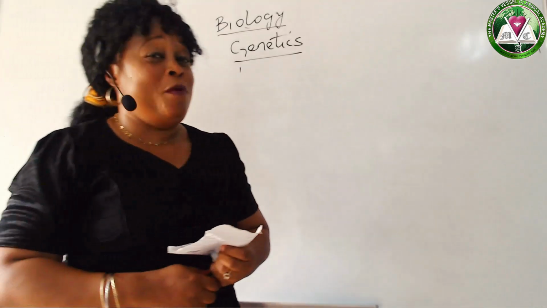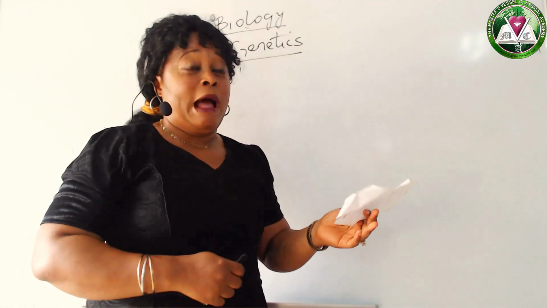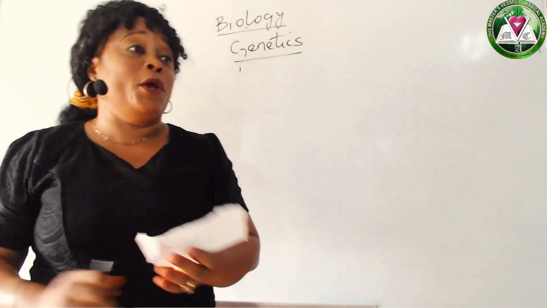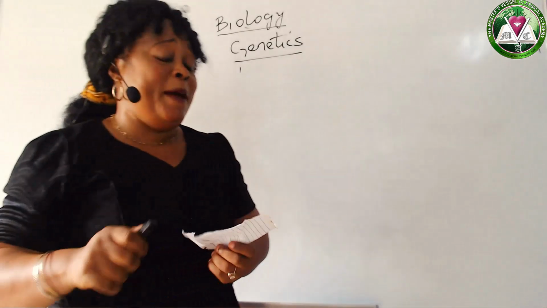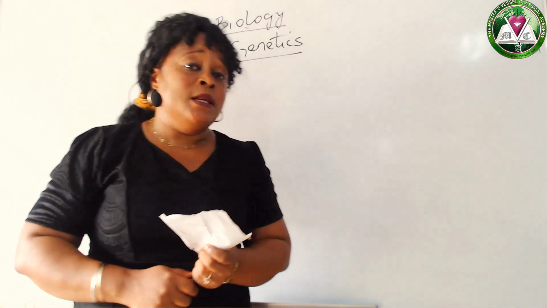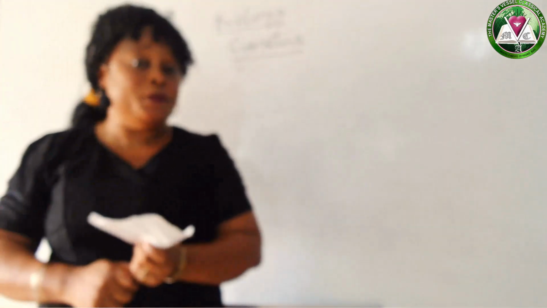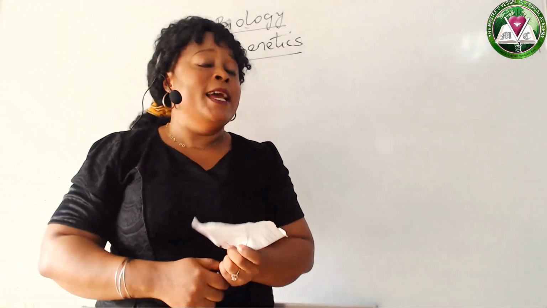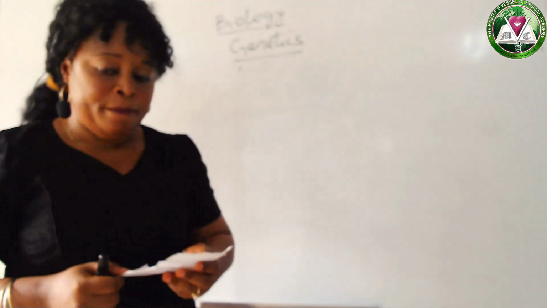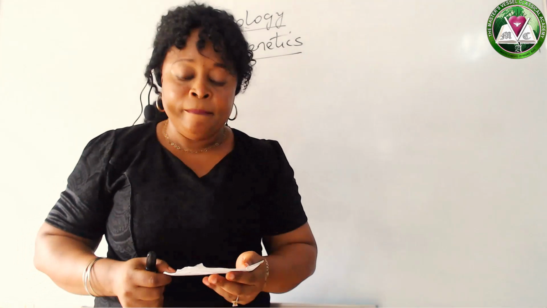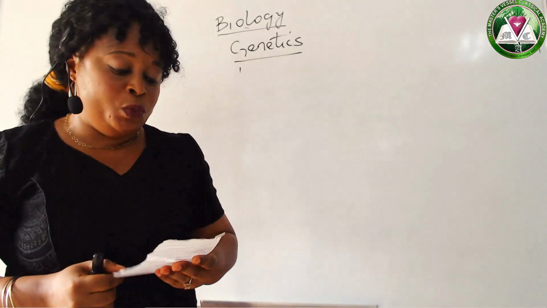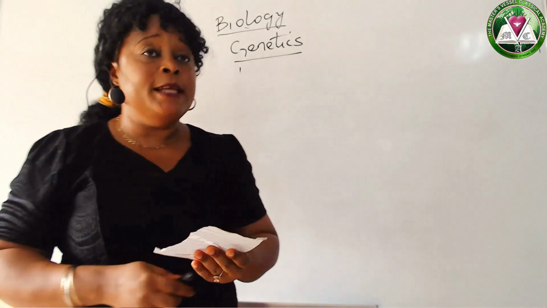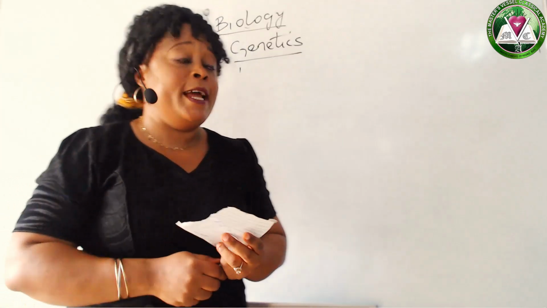The basic thing is to remember that this one contains 2 molecules of sugar and this one contains 1 molecule of sugar. And also to remember that the major constituent of the chromosome or the gene is the DNA, not the RNA. Okay? Now, I want us to quickly go to the structure of the DNA.